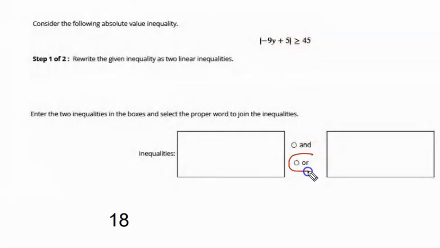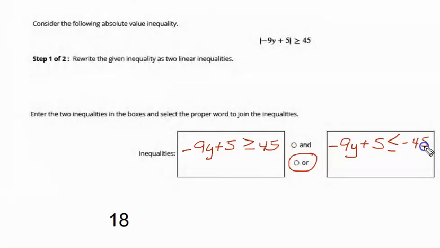So this would be an or. So negative 9y plus 5 is greater than or equal to 45. Just take away the absolute value sign, and then now write the left part the same way. Negative 9y plus 5. Now reverse the inequality sign. This becomes less than or equal to a negative 45.